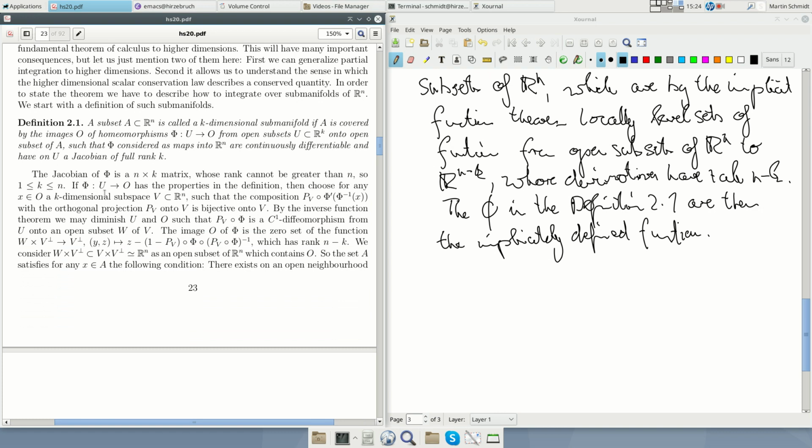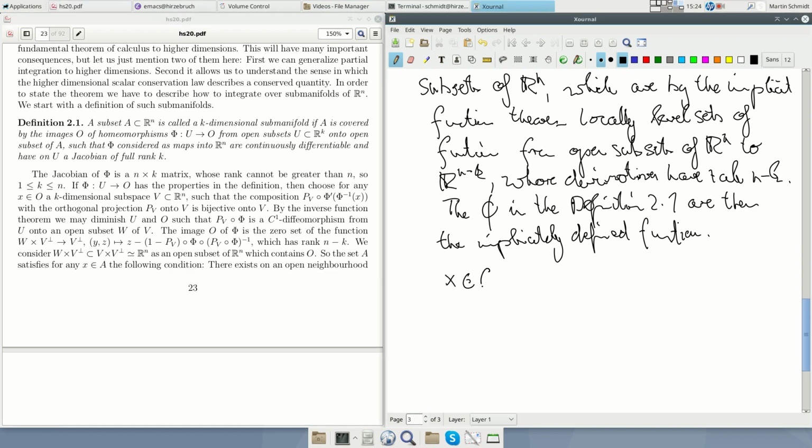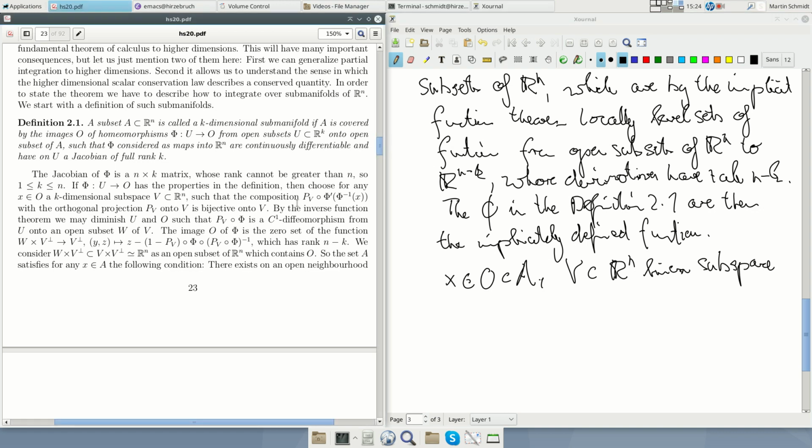If phi has the properties in this definition, then we choose any point in O subset A, and we choose a linear subspace V of Rn with the orthogonal projection P_V, such that this map is bijective.